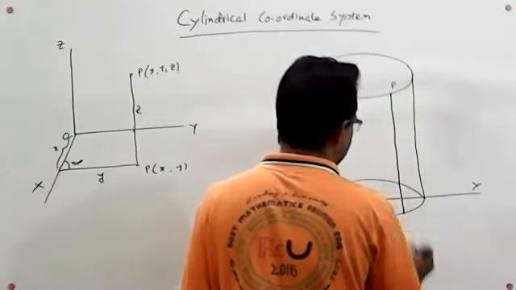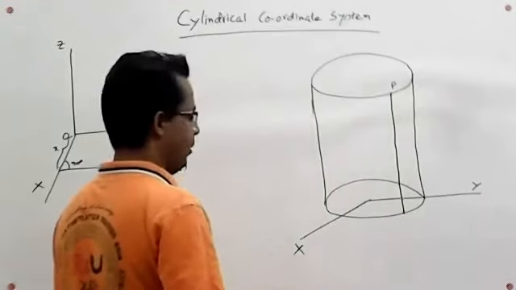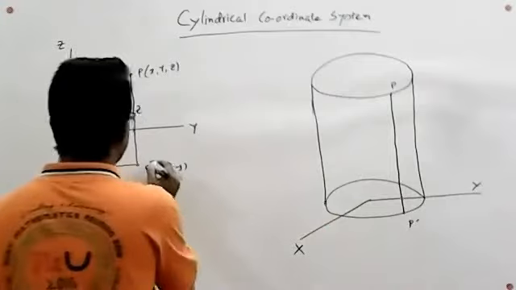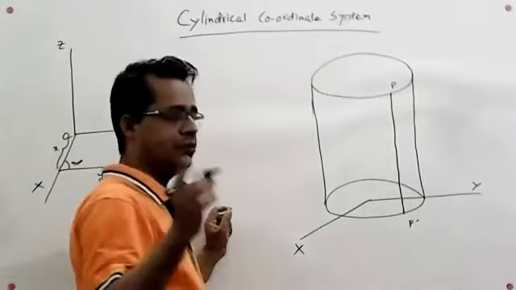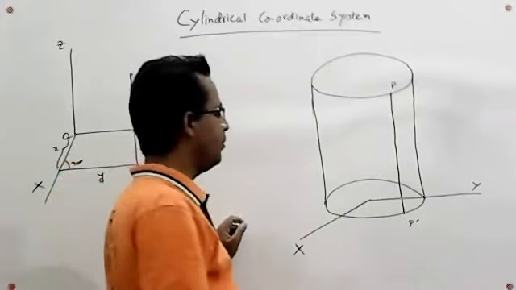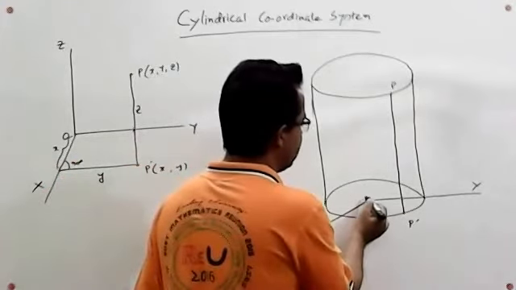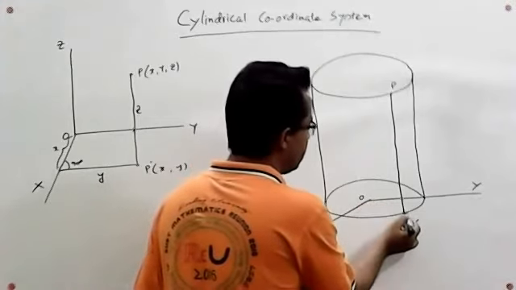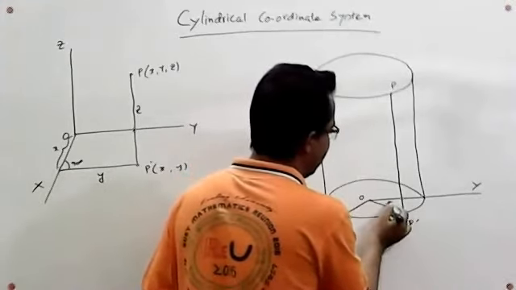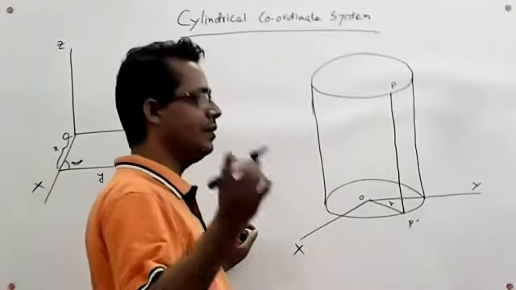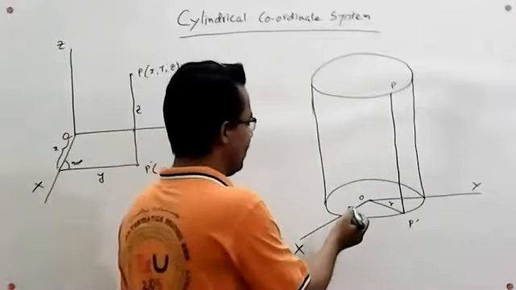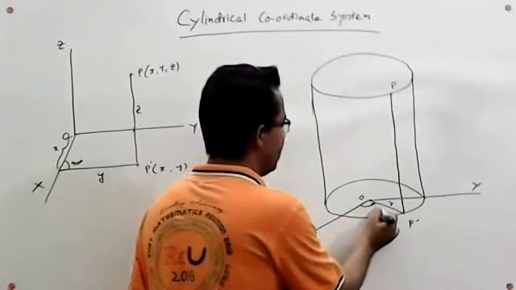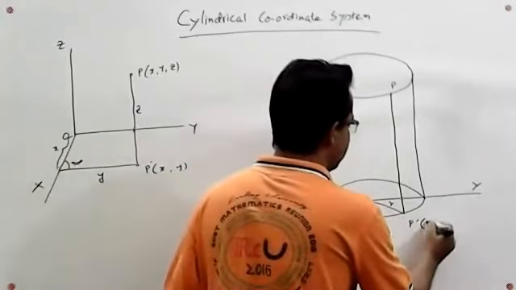So the projected point is here, say this point is P prime. Now, in the two-dimensional polar coordinate system, this is the pole O, and the distance from this pole to this projected point will be denoted by R. And this R makes an angle with the positive axis, theta.